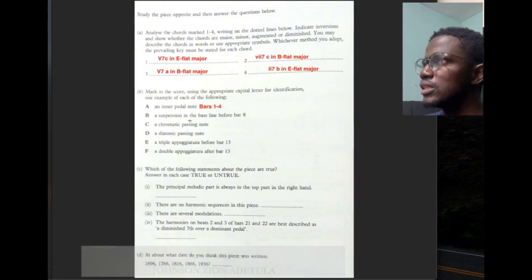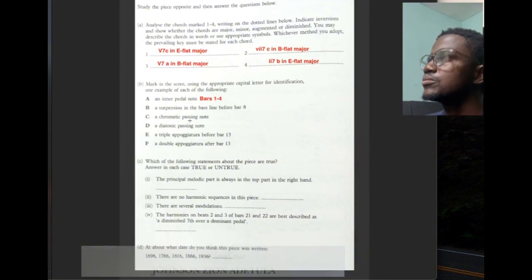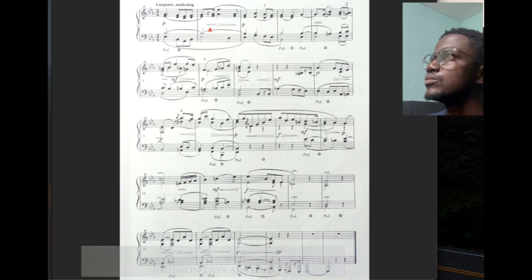Suspension in the bass line before bar 8. So this was an inner pedal, but over here is bar 4 to 5. We have this prepared suspension, then resolved.